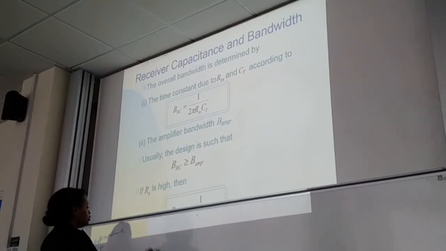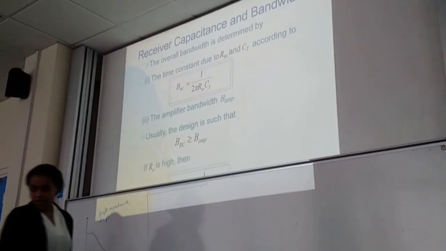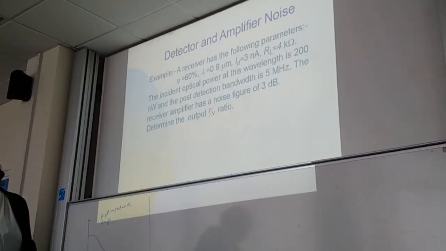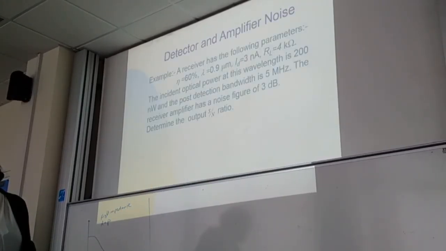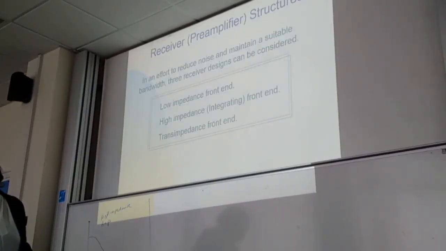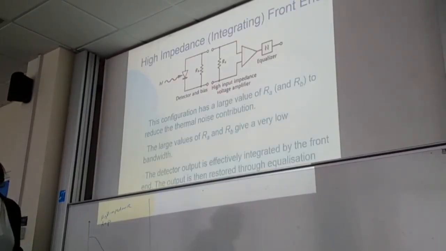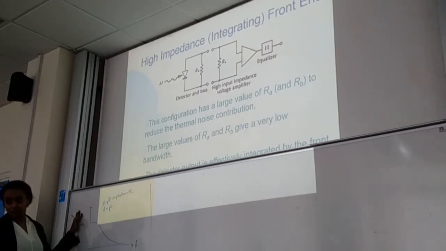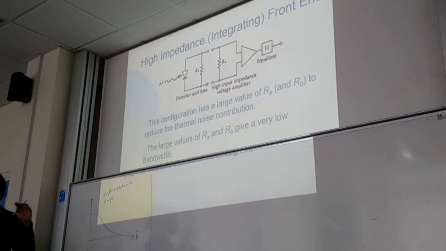Okay, so for the high impedance now, so for this high impedance, we said we want to have a very high bias resistance and a very high input resistance for the amplifier.